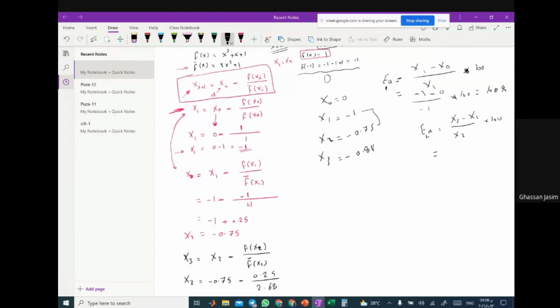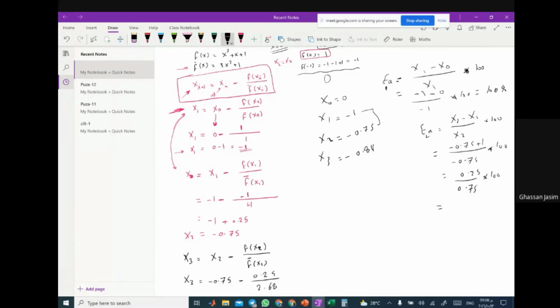It will be minus 0.75 plus 1 over minus 0.75 times 100, which is 0.25 over 0.75 times 100.